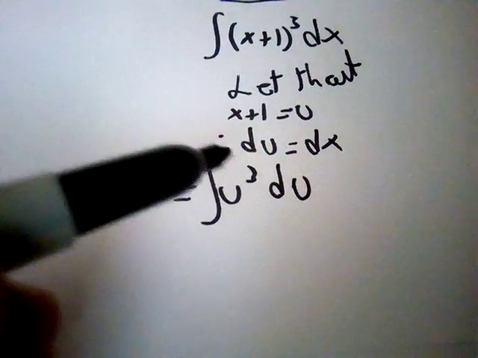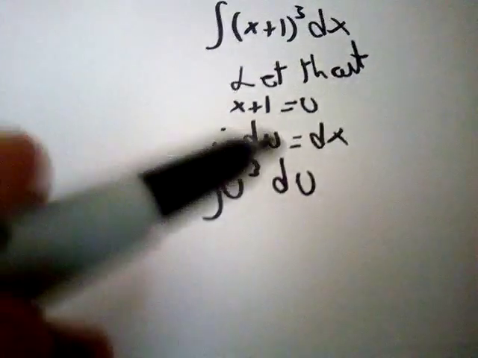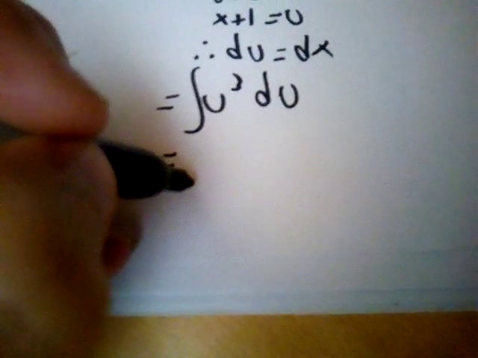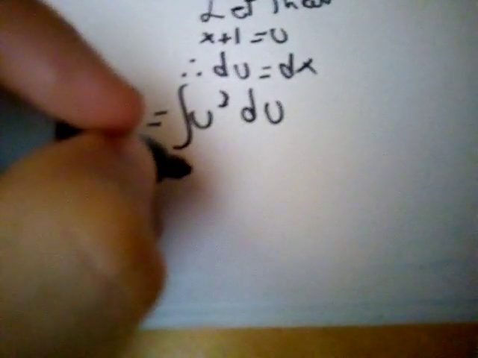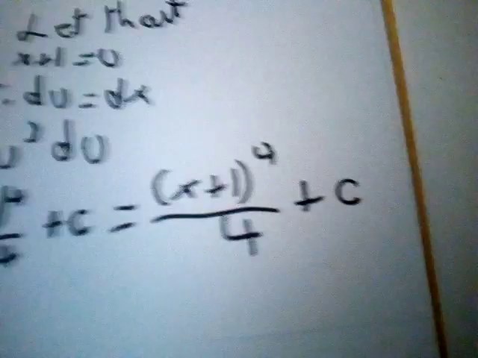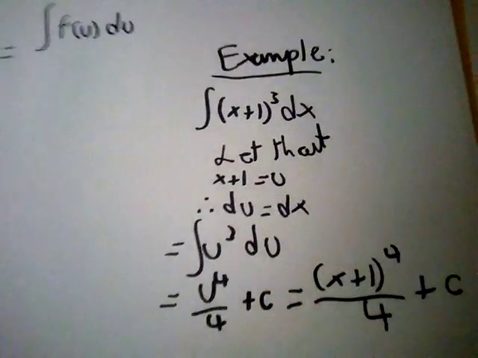So just, if you don't like u's, treat it as x's again. x cubed dx, you can do that. You know, it's a polynomial. And we get, using the power rule, u to the 4 over 4 plus c, which we have to substitute back. That's the important thing. u is x plus 1, so we have x plus 1 to the 4 over 4 plus c. Right, so that's how you use it essentially.